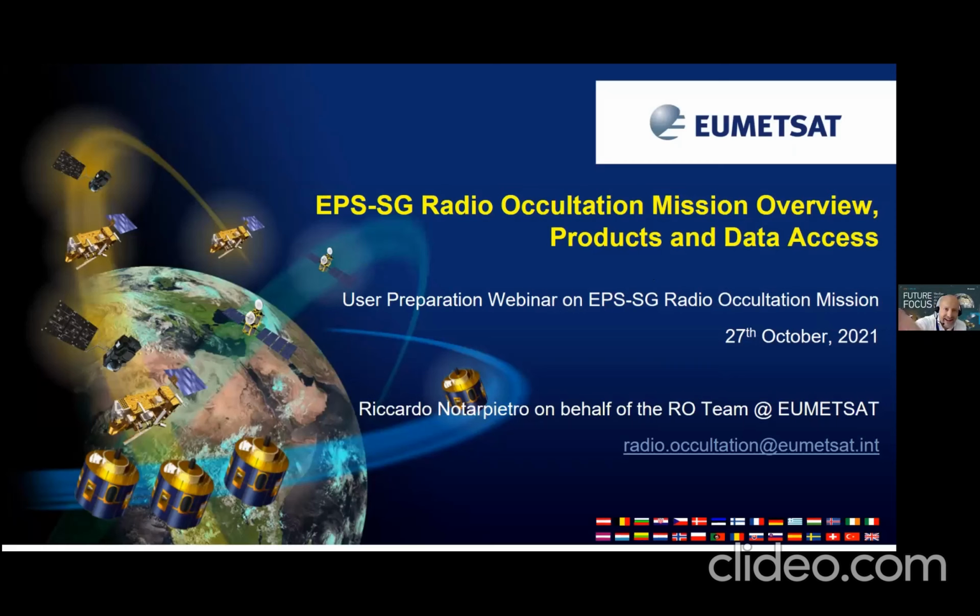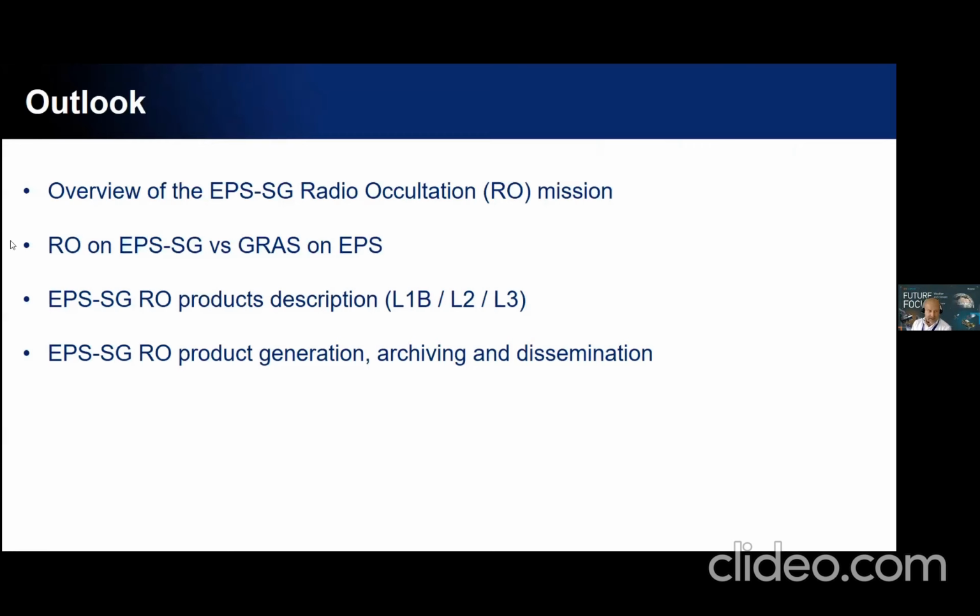Thank you very much, Srereka. So, hello to everyone. I am Riccardo Notarpietro, working at EUMETSAT, and I'm going to present the radio occultation mission on board the EPS Second Generation, the products that we are going to deliver, and the data access. I'm doing this presentation on behalf of the radio occultation team at EUMETSAT. I will start by providing an overview of the radio occultation mission on board EPS Second Generation.